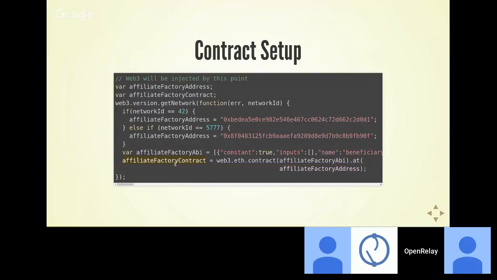So this will give us an object that we can interact with. It will have the same properties that were described, and methods that we can call that were described in the ABI up here. And it will interact with the contract at the address that we set based on the network. Any questions so far?